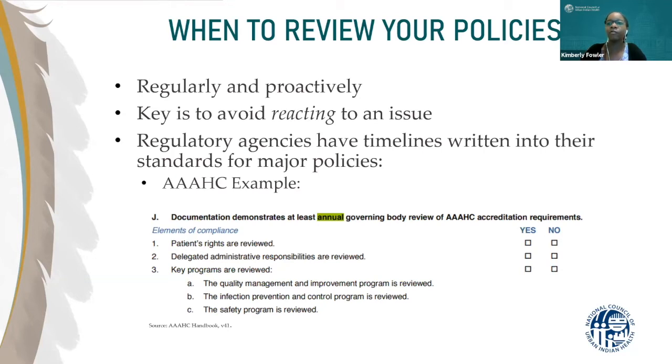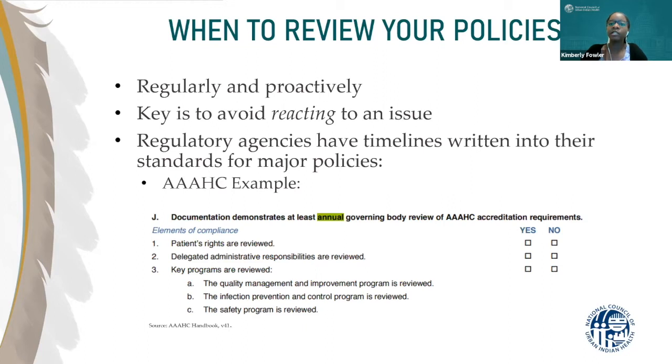This could also be a great time to set what you feel is important for those time frames. Here on the screen, you can see an example of an AAAHC manual, and it documents and shares the timelines that should be used for certain policies.